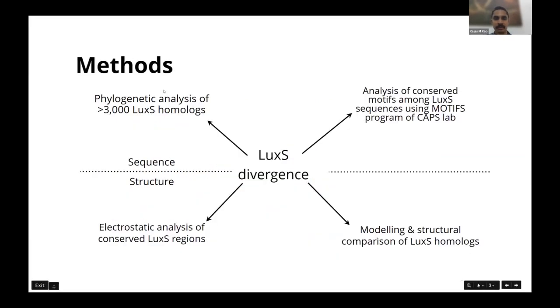With this hypothesis in mind, we studied the evolutionary divergence of LuxS from phylogenetic as well as structural perspectives. We performed various experiments to trace LuxS divergence. As ma'am mentioned, we performed phylogenetic analysis on a large number of LuxS homologs, in fact more than 3,000. On the selected LuxS sequences, we also analyzed conserved motifs using an in-house tool developed by the CAPS lab called the MotifS program.